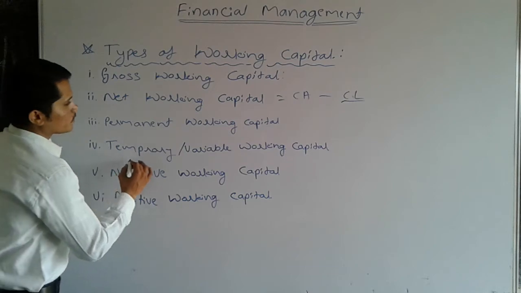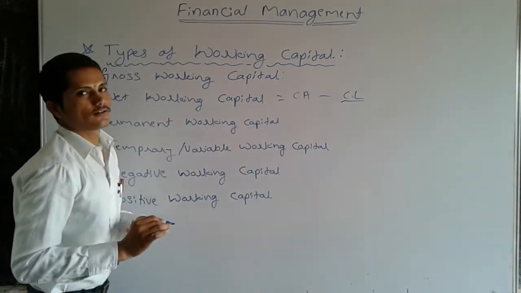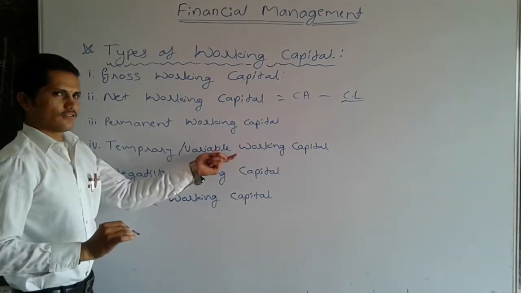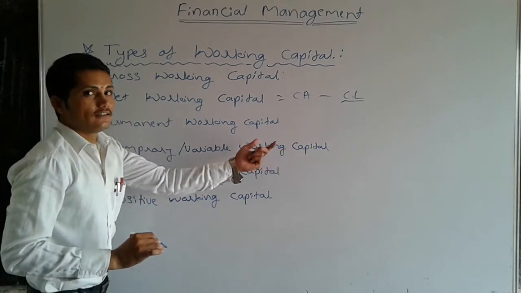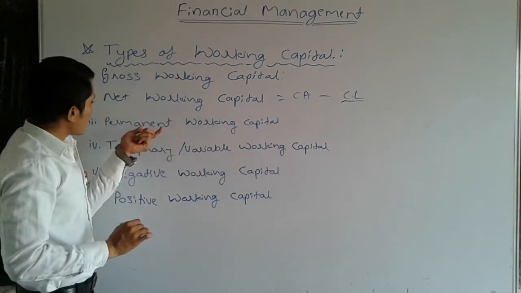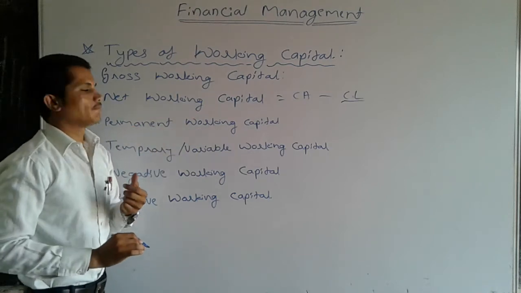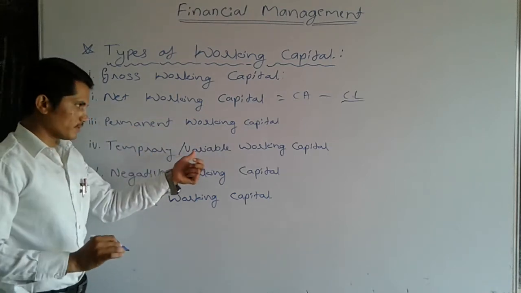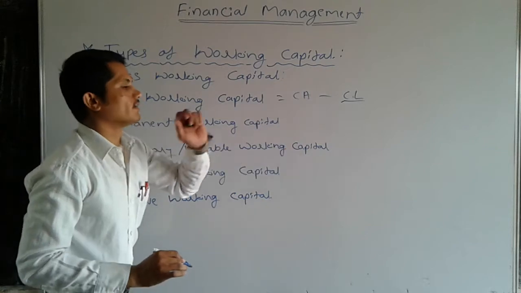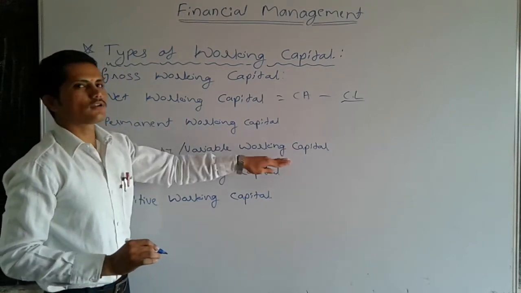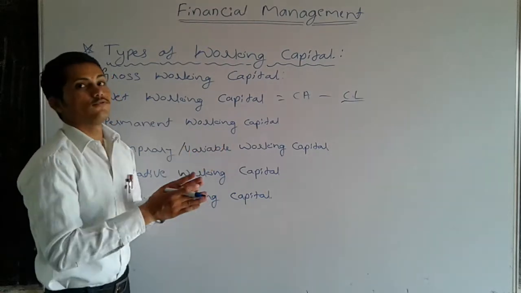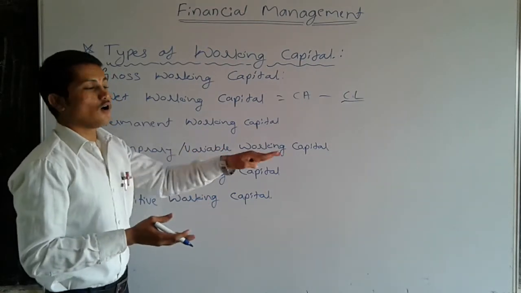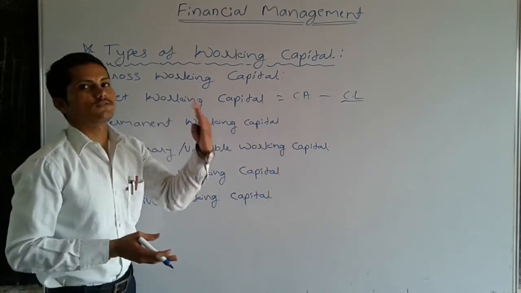Then temporary or variable working capital. The excess part over the permanent working capital is known as temporary or variable working capital. It is kept for a special purpose, that may be for seasonal requirement or any specific purpose.